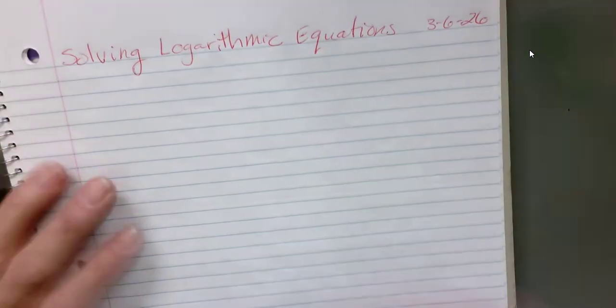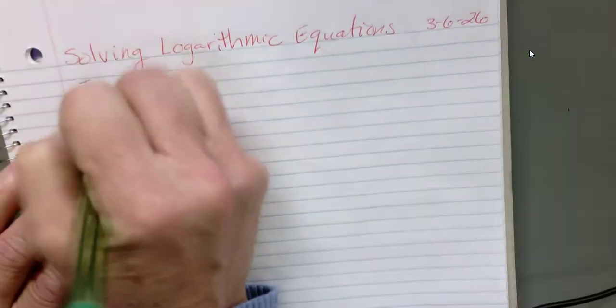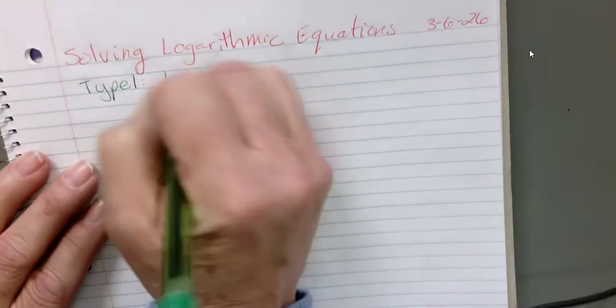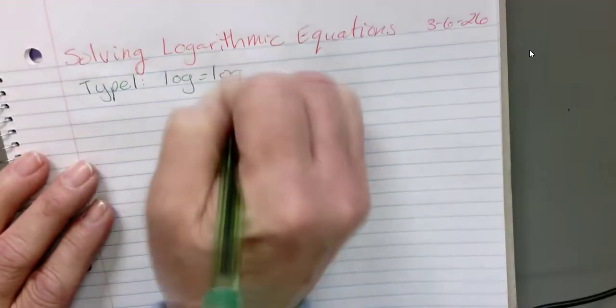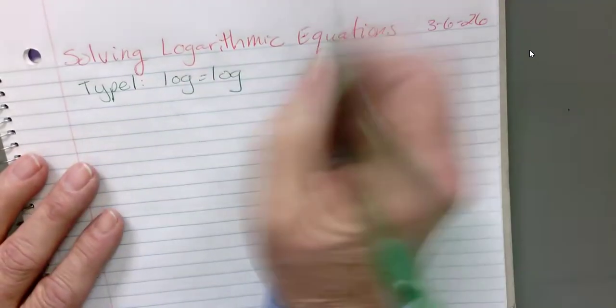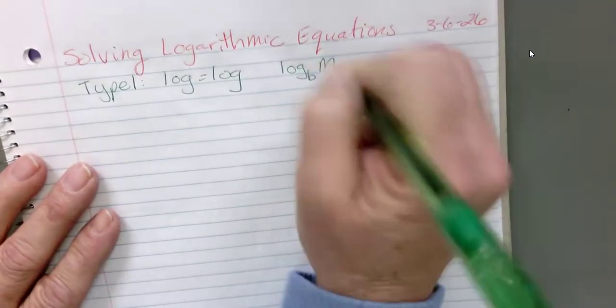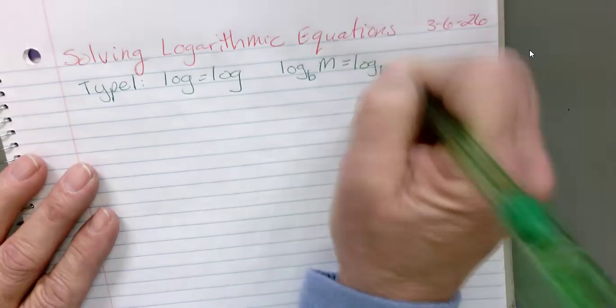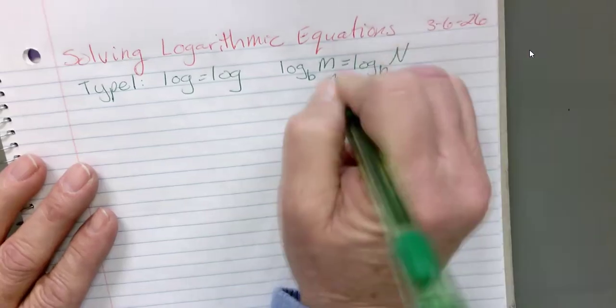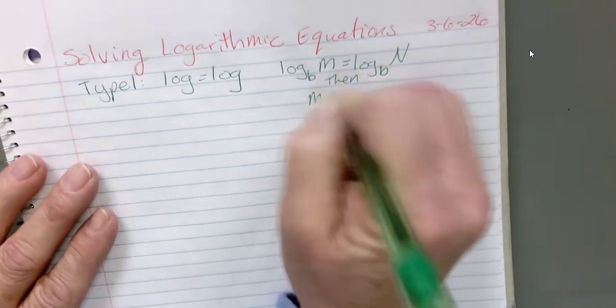We're going to write again that we are doing type 1, which is log equals log, which follows the one-to-one property, which says that if I have log base b of m equals log base b of n, then m can equal n.